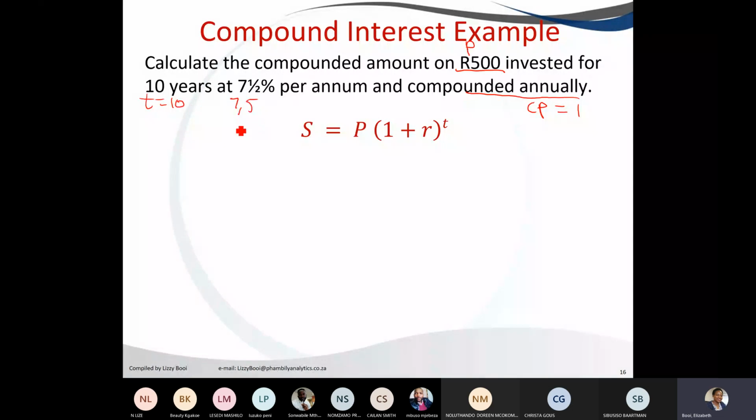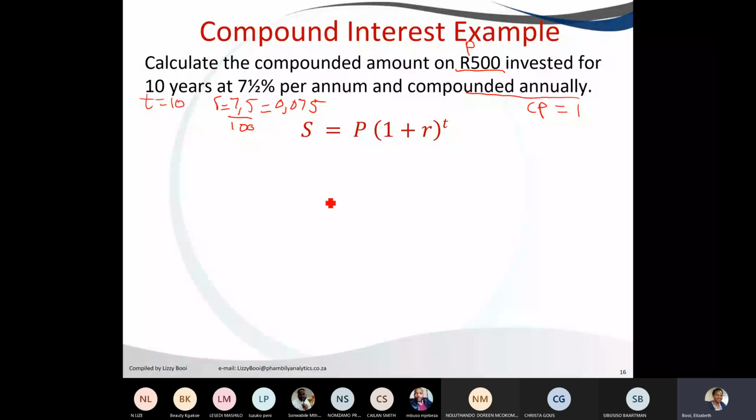And we know that we need to divide by 100 to get it to 0.075. And since it's also compounded annually, we can just divide by 1, which is going to be the same as 0.075. We take those values and substitute into the formula.